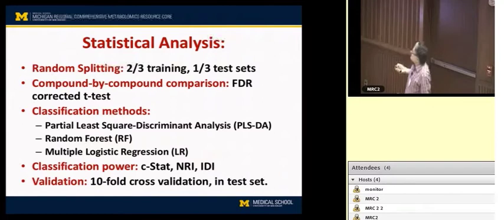And we used a bunch of different statistical methods to narrow down to candidate lipids that included a compound by compound comparison with FDR correction using t-test, different kinds of classification methods that included the application of PLSDA, random forest, multiple logistic regression analysis, and we checked the classification power of the proposed biomarkers, with the details that you will see in a few minutes.